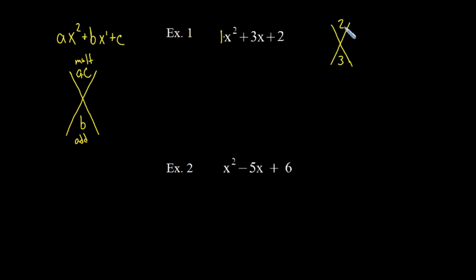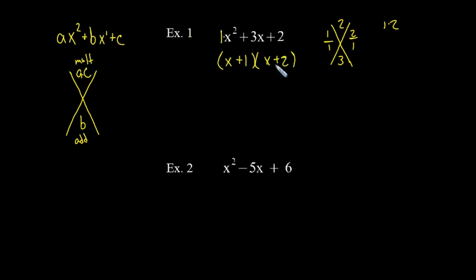And we'll ask ourselves what multiplies to be 2 and adds to be 3. Well, there's only one pair that multiplies to be 2, which is 1 and 2. So it's a pretty easy choice, 1 and 2, and we'll put them both over 1. And then we will write our two binomials, x plus 1 and x plus 2.